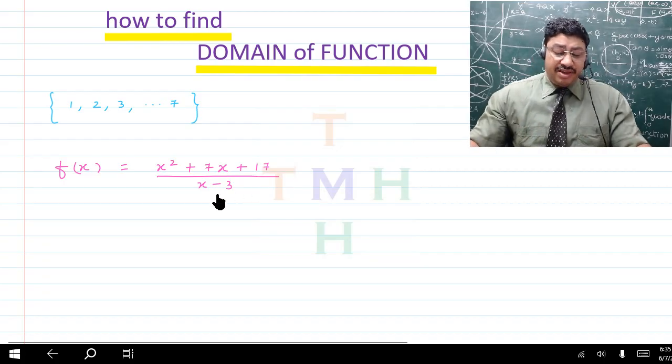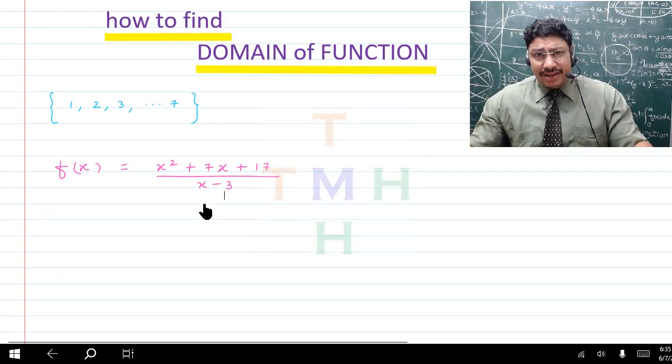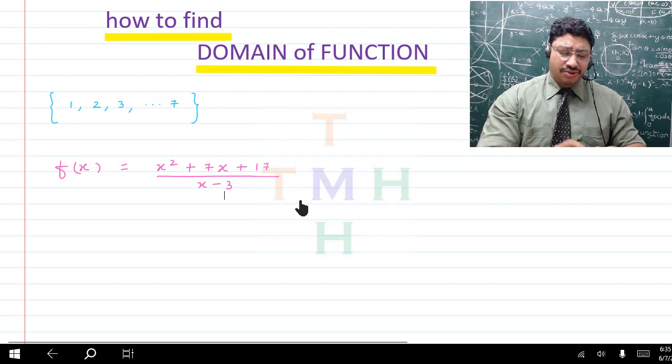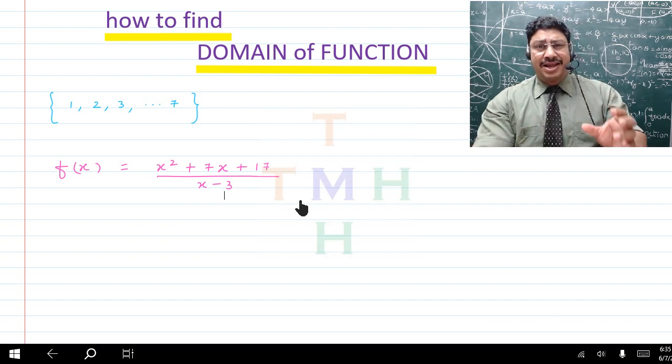But what if you keep the value of x to be 1, 2, no problem, but the moment you keep it to be 3, obviously the denominator is going to become equal to 0. As such, the value of the function will come to an absurd value.